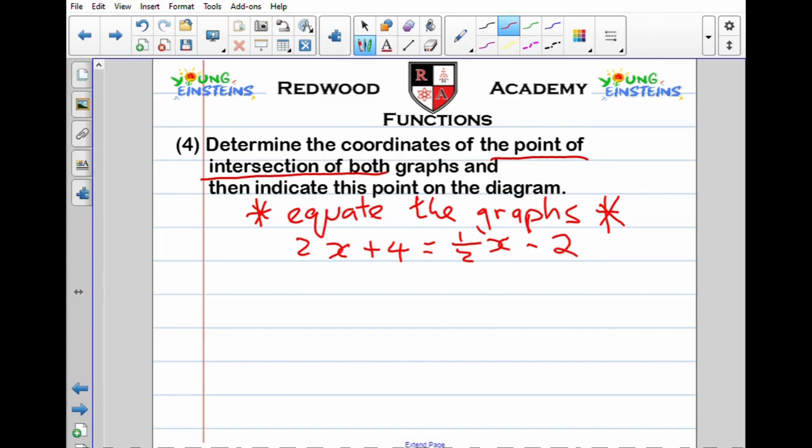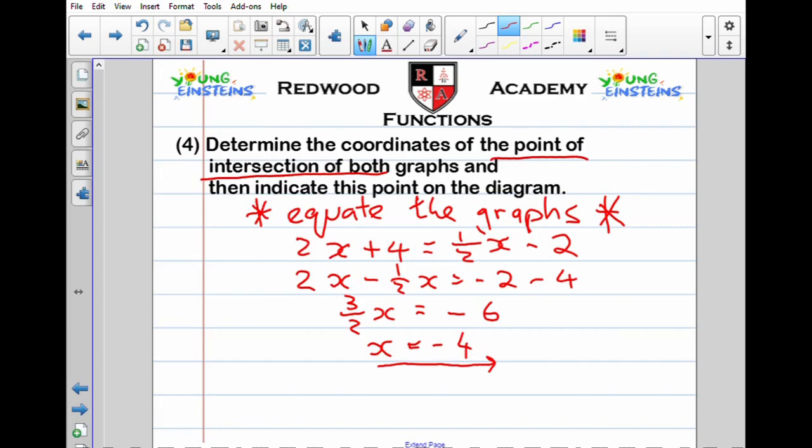So if I take the half over, I'm going to get 2x minus a half x is equal to minus 2 minus 4. 2 minus a half is 1.5, which is 3 over 2. And minus 2 minus 4 is minus 6. And then from there, you're going to divide by 3 over 2 or 1.5 on both sides, and that should give you x equal to minus 6 divided by 1.5, which should be minus 4.